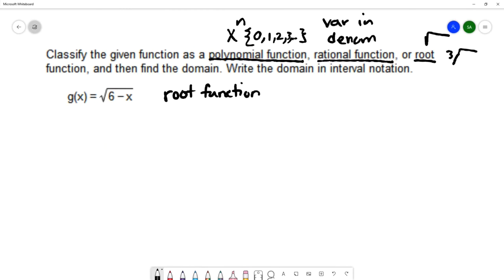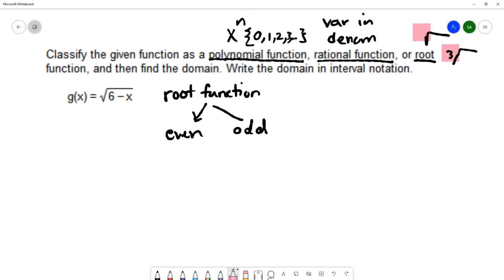Now, for the root function, we need to further identify which type of root we have. You can either have an even root or an odd root, and that's indicating the index of the root. The index is usually written as a superscript on the front of the radical. We call that the index.